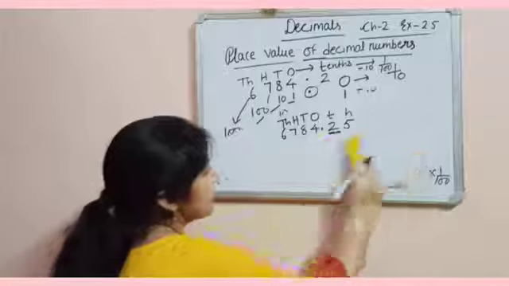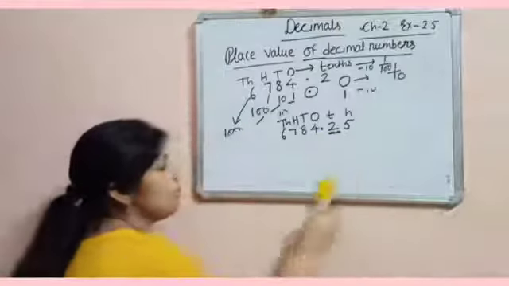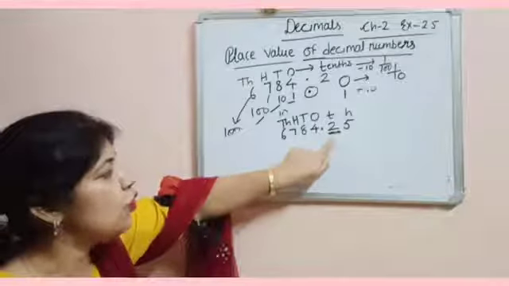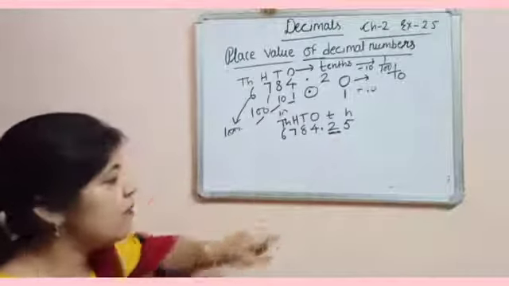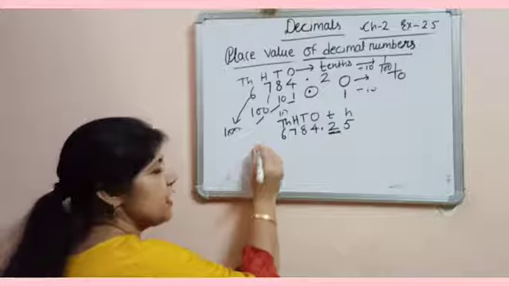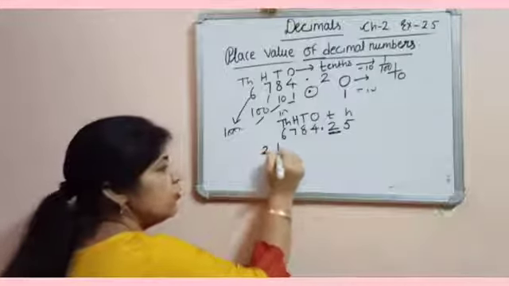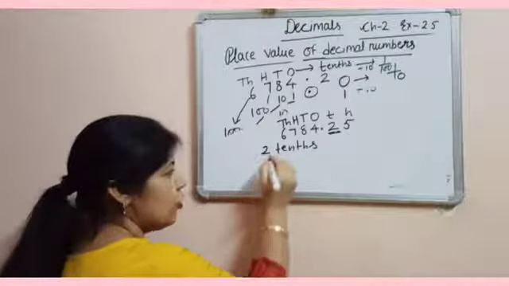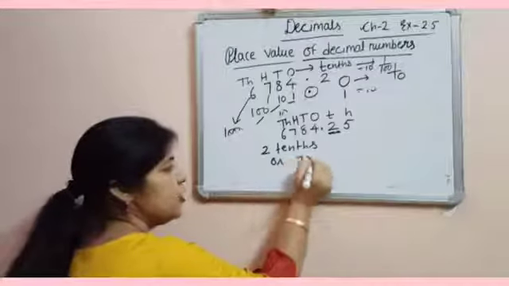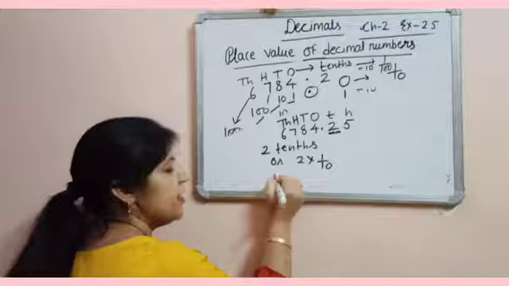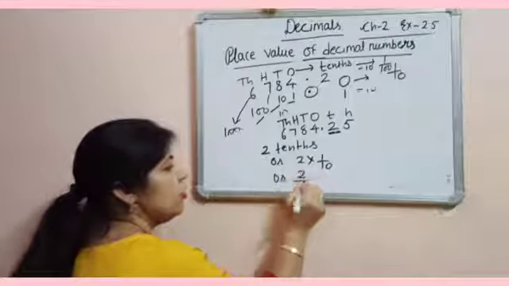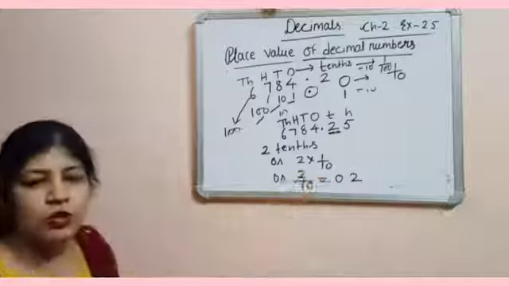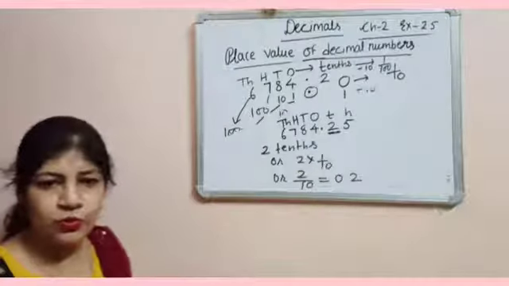If somebody asks you what the position of 2 is here, meaning write the place value of 2, what will be the place value of 2 here? 2 tenths, or you can write it as 2 into 1 by 10, or 2 upon 10, or you can write it as 0.2.